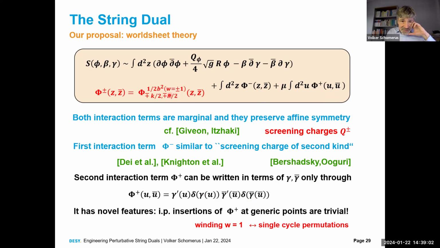Remember, it has spectral flow number +1, and so when you go back through our correspondence, it maps to a symmetric orbifold operator with cycle length 1, and of course such things would be trivial. So it looks like it's almost a trivial insertion, but it's actually not quite trivial.